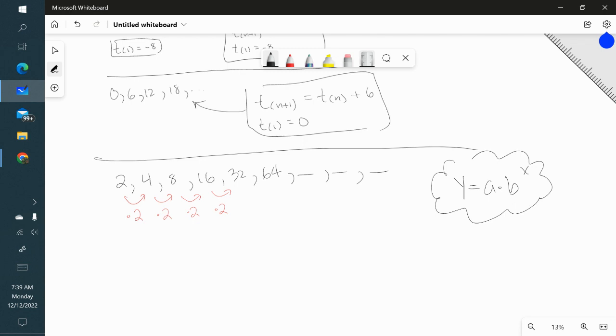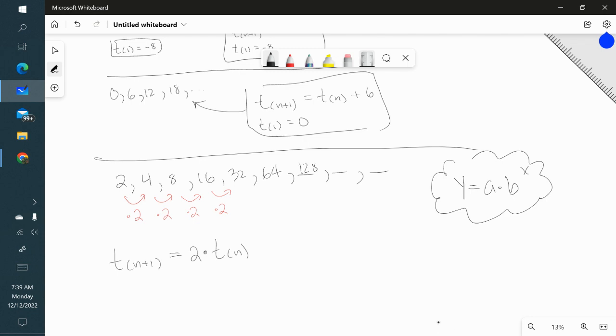But what I wanted to look at was the recursive rule for this. The next term equals the current term, but what do I do to it? I times it by 2. The next term equals 2 times the current term. That describes this pattern. To get the next term, I double the current term.